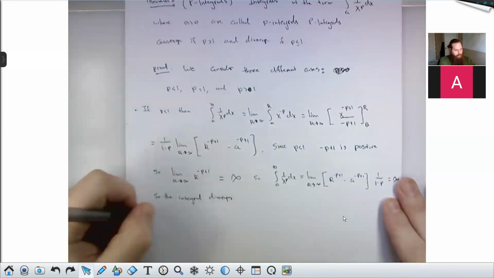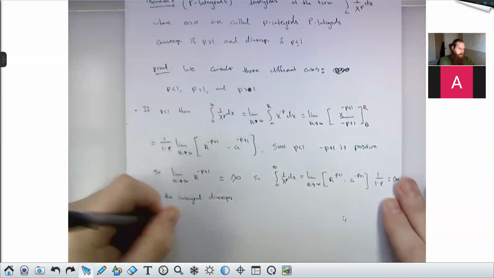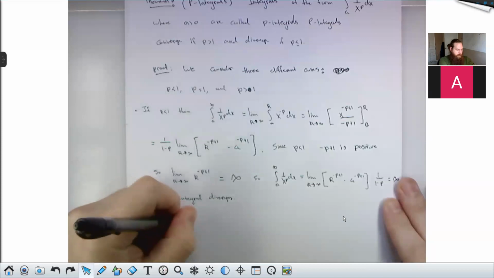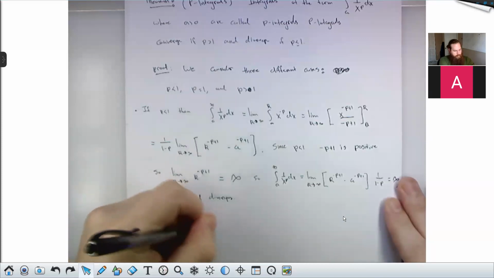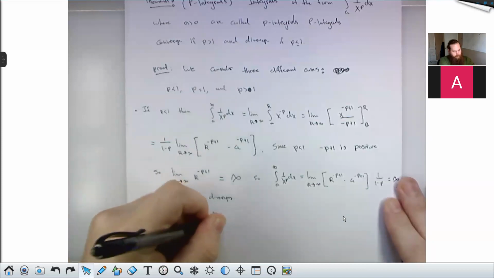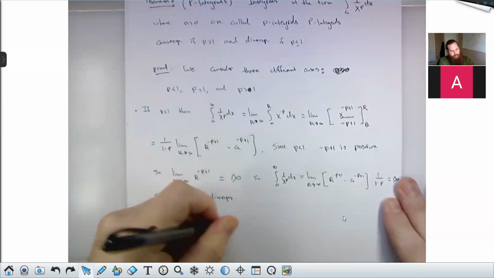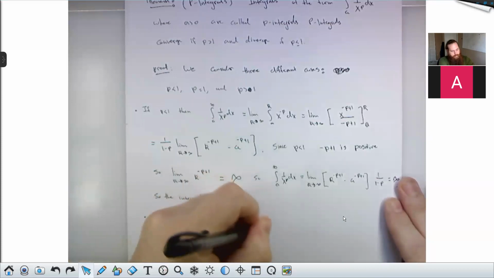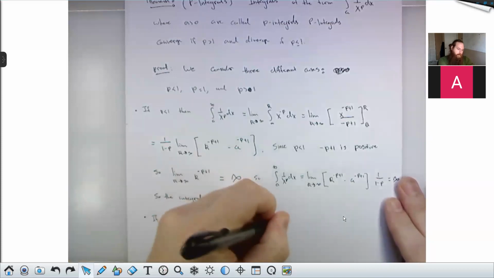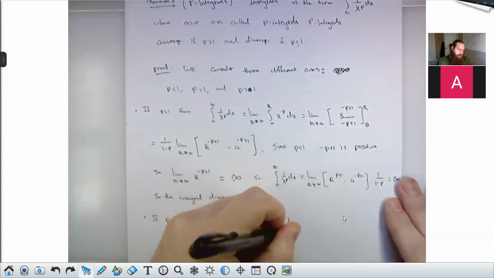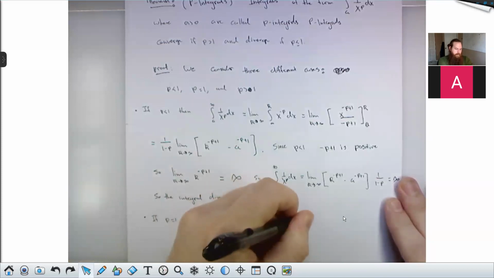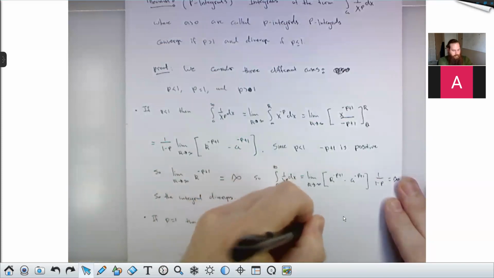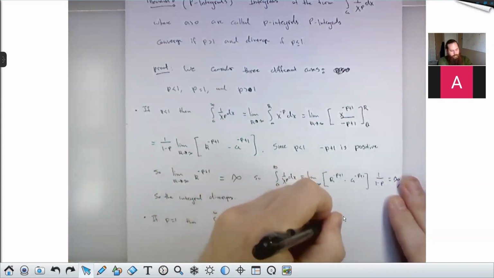Okay, the next case we're going to handle is if p is equal to 1. Then the integral from a to infinity of 1 over x to the p dx is the integral from a to infinity of 1 over x dx, which is the limit as r goes to infinity of the integral from a to r of 1 over x dx, which is a natural log.